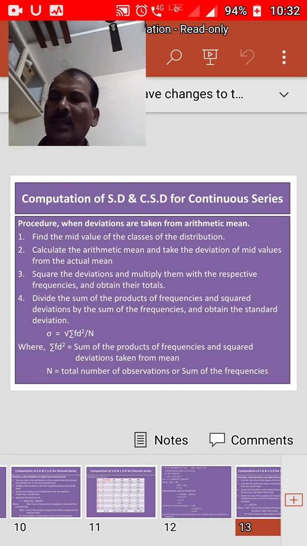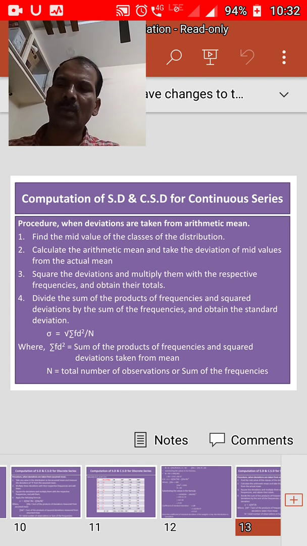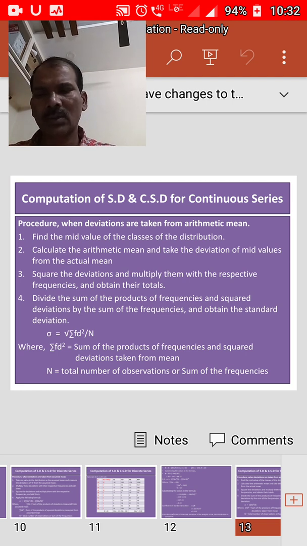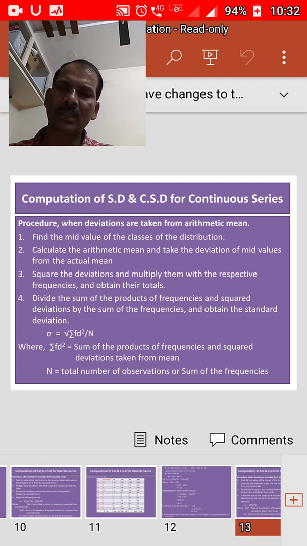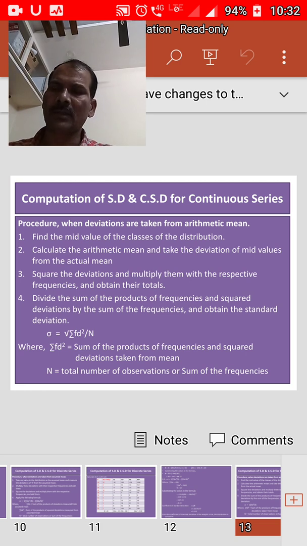Symbolically, small sigma is equal to under root sigma fd square by n, where sigma fd square is the sum of the products of frequencies and squared deviations taken from the mean, and n is the sum of the frequencies.